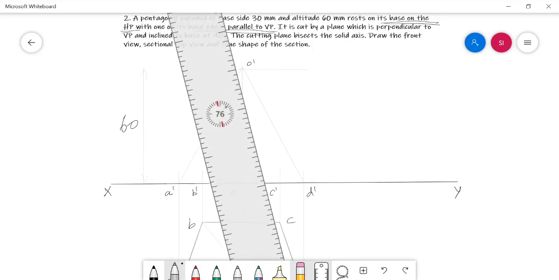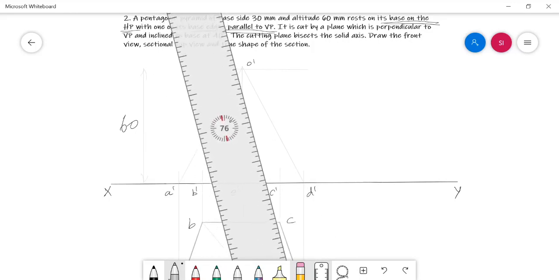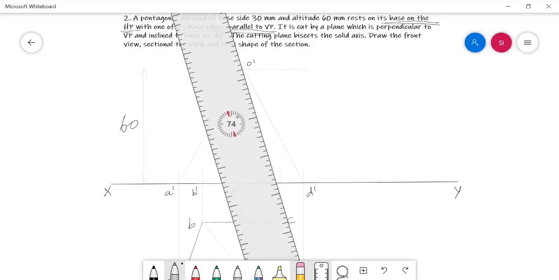The edges O dash C dash and O dash B dash are invisible when you are viewing from the front.